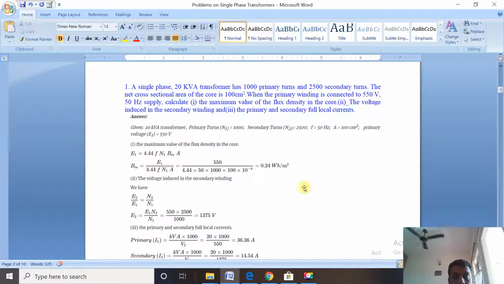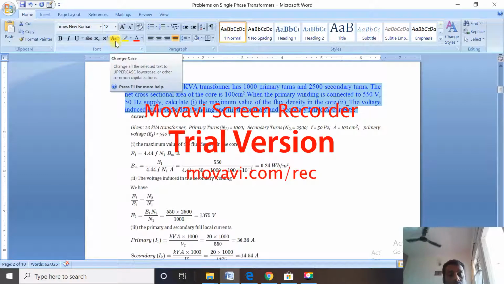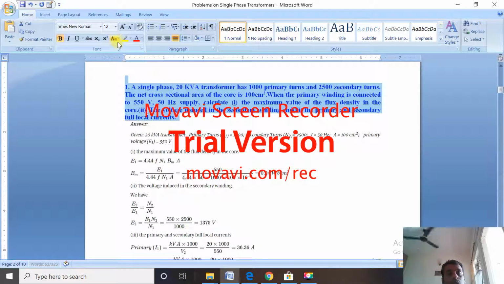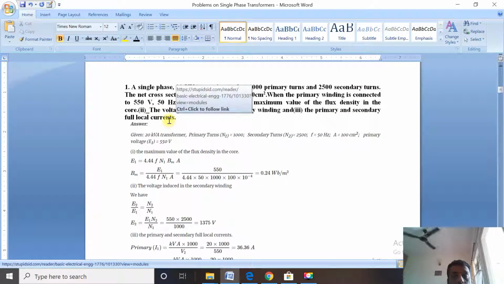You see the problem, and you see what they are asking us to calculate. One, they're asking us to calculate the flux density. Second, the voltage induced in the secondary winding.